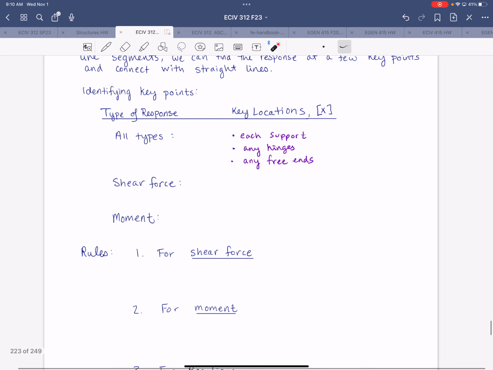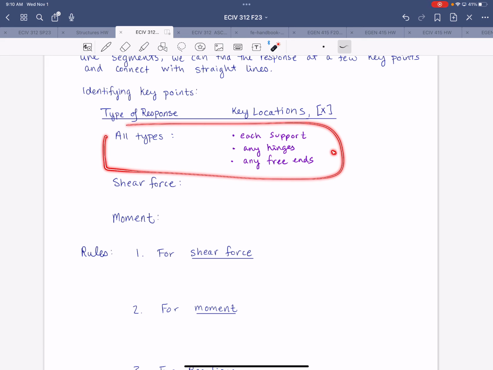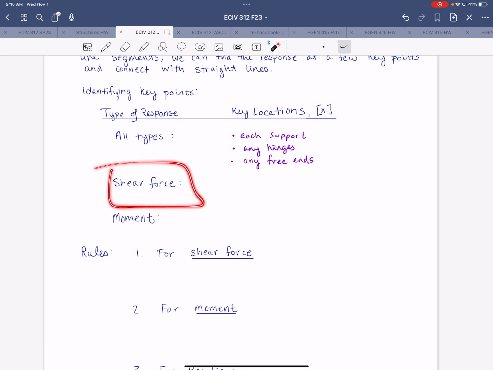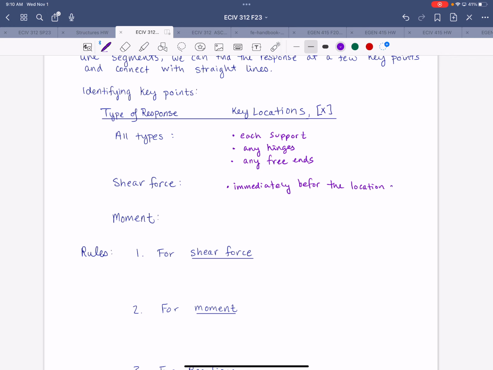If your response is a reaction force, then that's all you need to think about, right? If your response is a shear force, you also need to consider placing the unit load immediately before the location of response. And I also sometimes call this the location of interest. And immediately after.